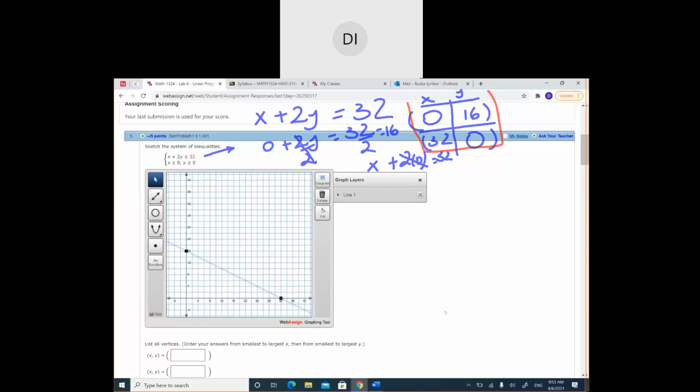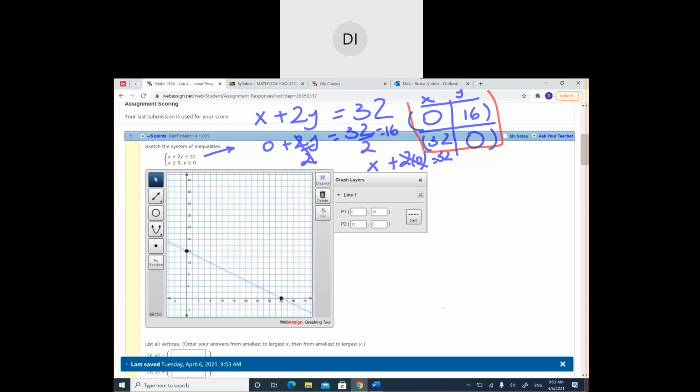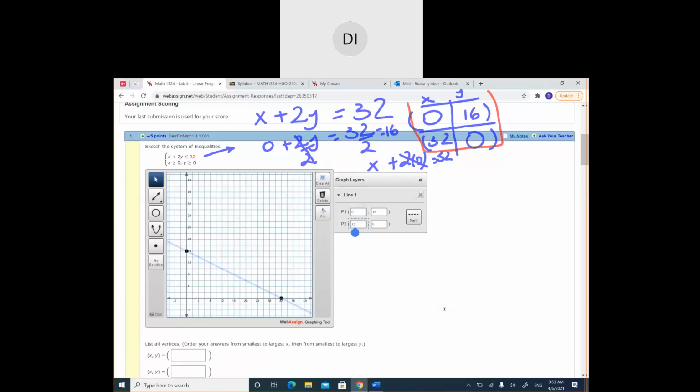If you click at line 1 on the side, you're going to see the coordinates 0, 16 and 32, 0. So double check the points because it's important that you have exactly the same numbers. And if they're not the same, you can just go ahead and change it here. You can click in one of those boxes and you can change the points. They have to be exactly what you get: 0, 16 and 32, 0. So this is how you graph the first line.